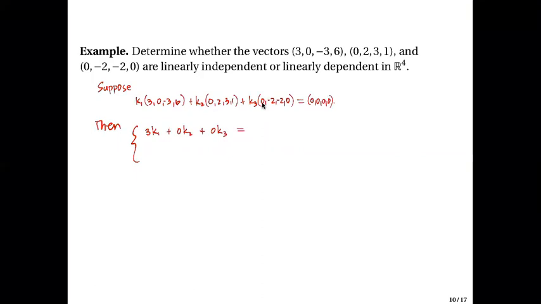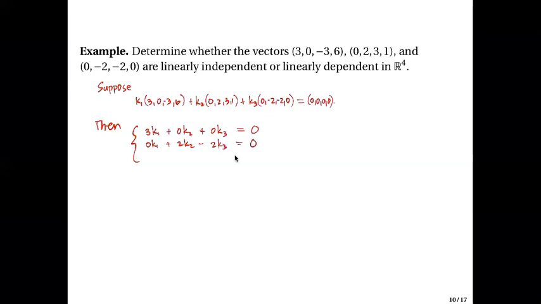This is equal to 0. Second component, you have 0K1 plus 2 times K2 plus negative 2 times K3, so minus 2K3. This is equal to 0.